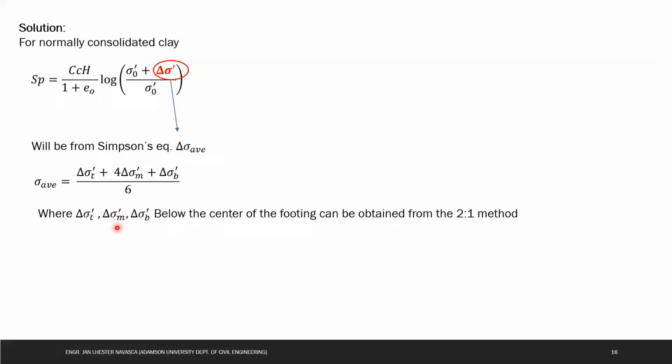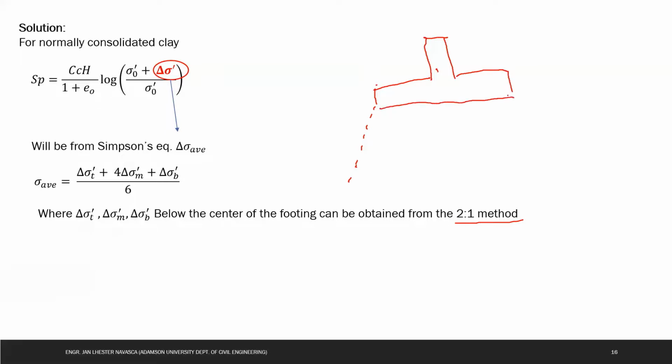Delta sigma M, delta sigma T, and delta sigma B are below the center of the footing and can be obtained from the 2:1 method. So we'll be using the 2:1 method, meaning the stress line. So this will be our foundation.